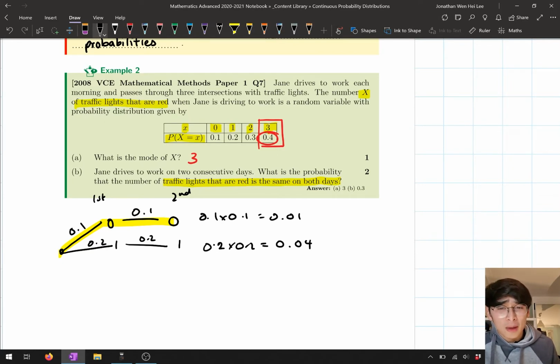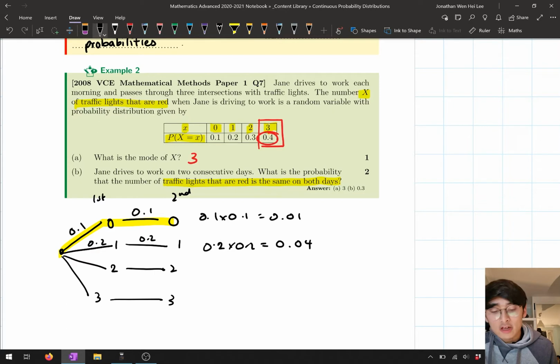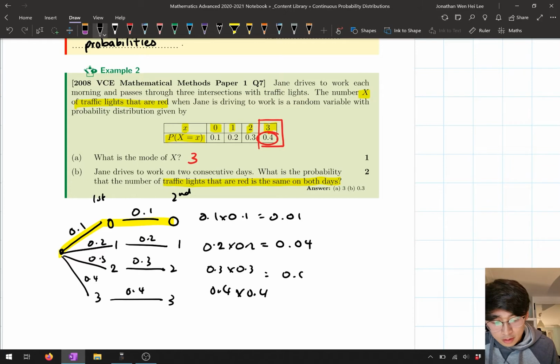Hopefully you're starting to notice a pattern here. We just need to do the same thing, and we have the same number of red lights each day. And so here that would be 0.3, 0.3, 0.4, 0.4, and we just multiply them, 0.3 times 0.3, 0.4 times 0.4, which will give you 0.09 and 0.16.